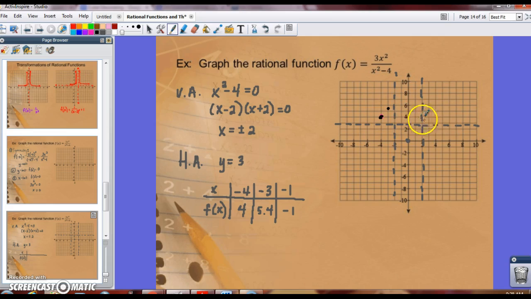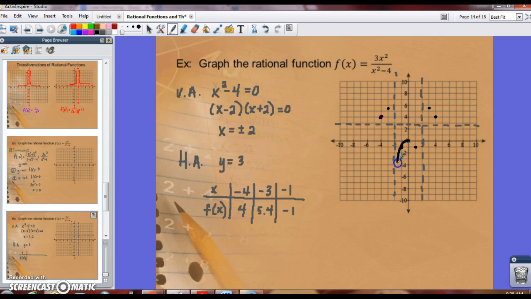Again, because I have y-axis symmetry, I know that I will also have a point here, and I'll have a point here. I also know that at negative 1, I'm at negative 1. And again, because I have y-axis symmetry, I'll have that point there as well.